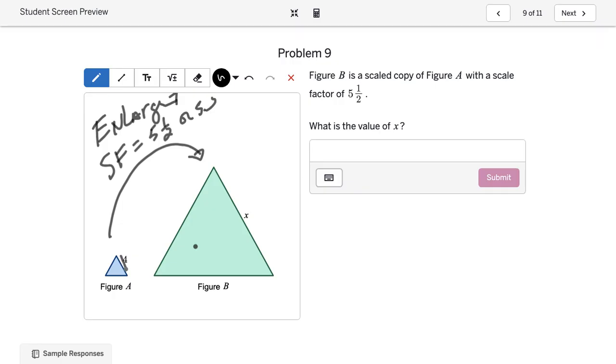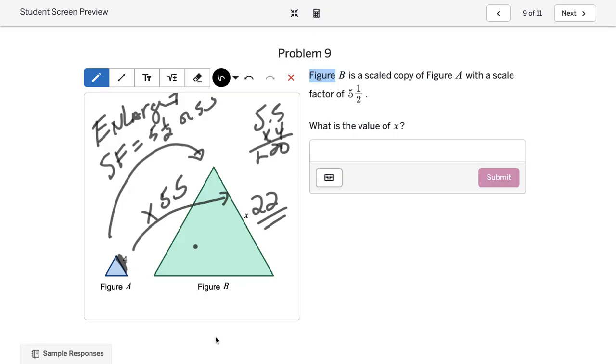We know that this is 4, so if on the smaller triangle that's 4, what's on the big triangle? Well, this to this times 5.5. So let's multiply. 5.5 times 4 is 22. So this guy here would be 22, right?